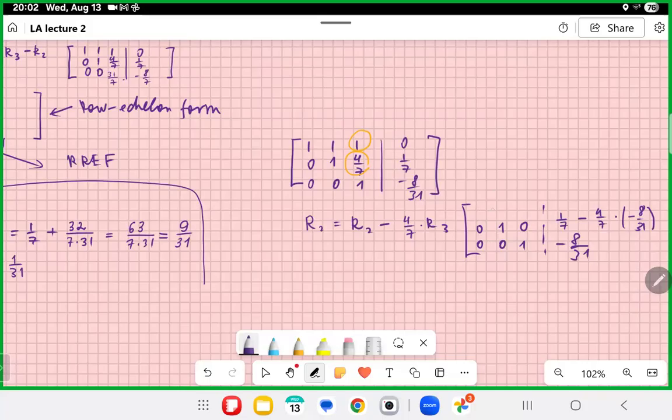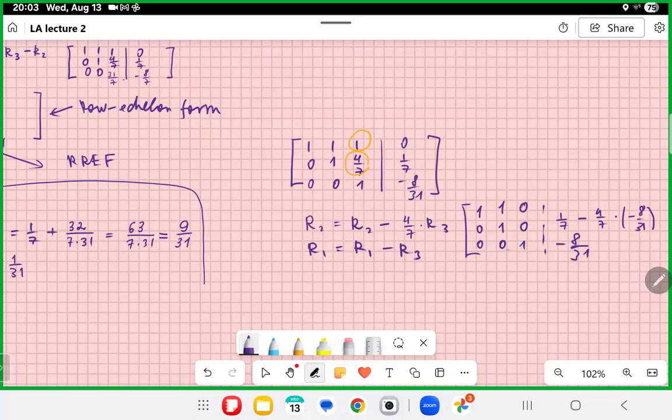So what I'm going to do now, it would be nice to eliminate this one also. It would be very easy to do this by just subtracting row number 3 from row number 1, right? Row number 1 minus row number 3 is going to put 0 over here. And that's what I'm going to do. So element number 1 is not going to change. Element number 2 is not going to change because there are zeros that correspond to them. Element number 3 is going to become 0.